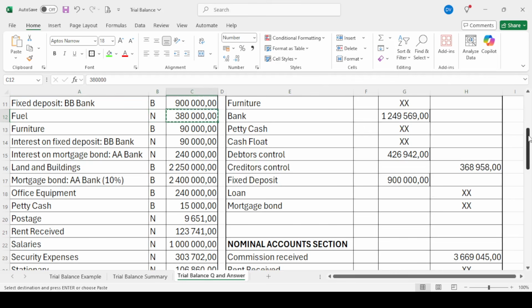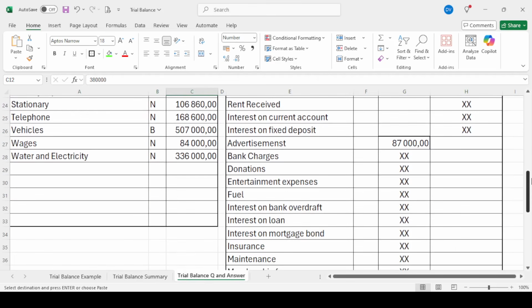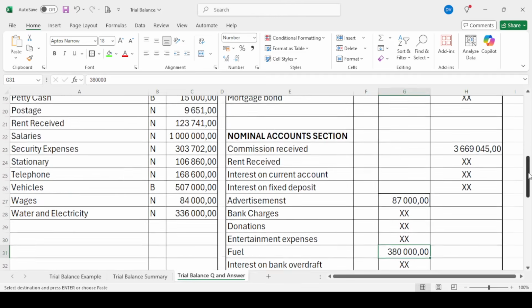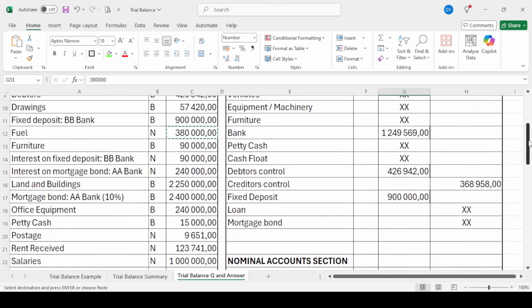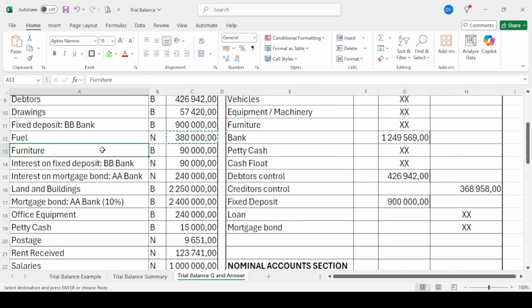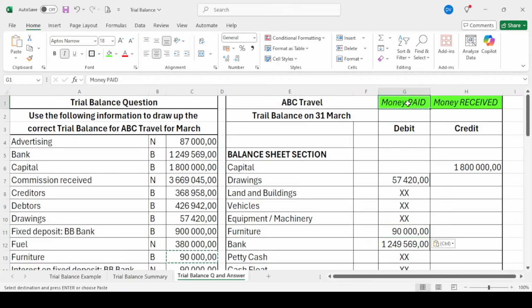So we know it will be under our nominal account section. And we put it on the debit side as money that was paid. Furniture. Furniture is part of our fixed assets. So we're going to insert it on our balance sheet section on the debit side because it was money paid.